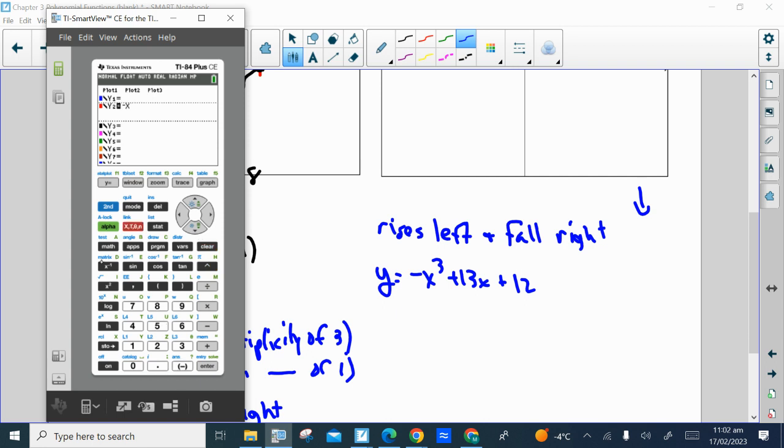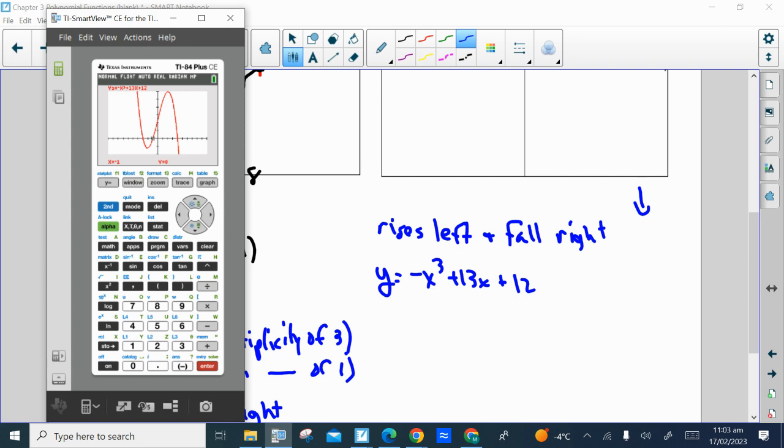We'll put it in there, negative x cubed plus 13x plus 12. It looks like negative 1 is an x-intercept. Let's confirm that by going into our trace mode, and yes, it is.